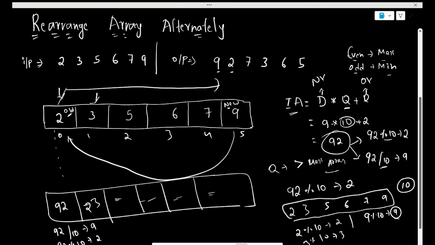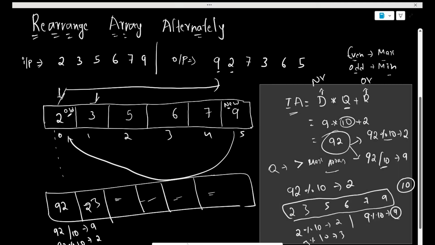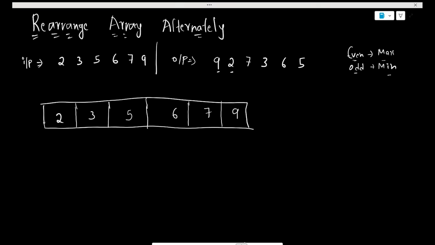That's it. Let me explain somewhat more briefly. We take an example, then you will understand it better. First, we will take 3 pointers: one is i, another one is min, and the next one is max.